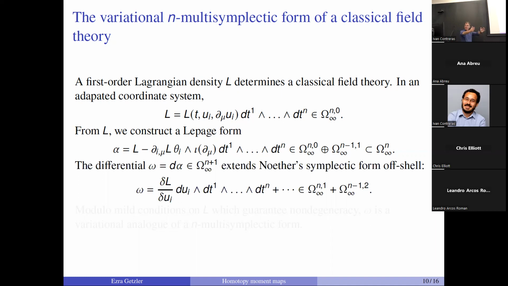The first term is an (n,1) form, and that's the Euler-Lagrange equation. So the region where that vanishes is the Euler-Lagrange locus, the solutions of the classical field equations. The second is the density of Noether's form, and notice that's an (n-1,2) form.